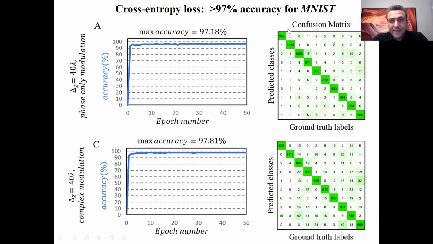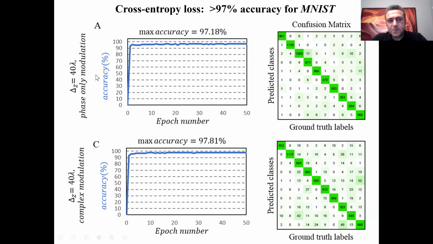For example, these are now MNIST results: from approximately 91 to 92% accuracy, we've reached more than 97% with just this new loss function, with a very similar 5-layer diffractive network. Layer-to-layer separation here is delta Z, about 40 lambda. So it's a very compact network.